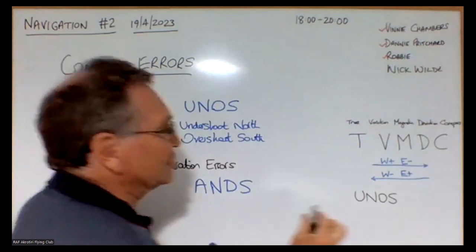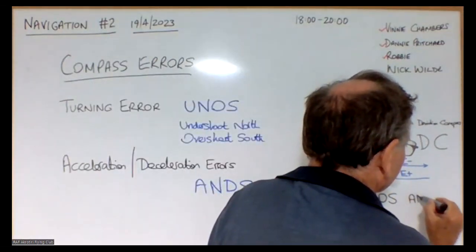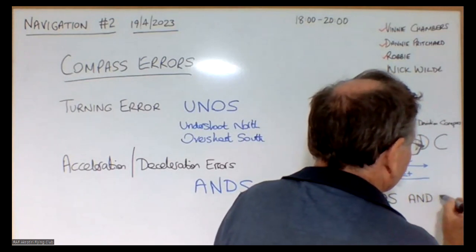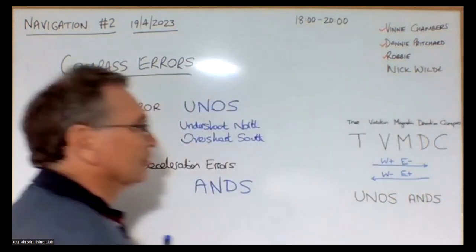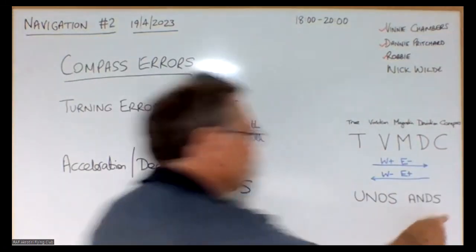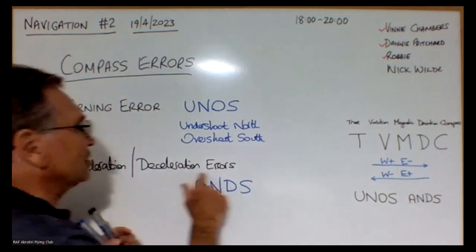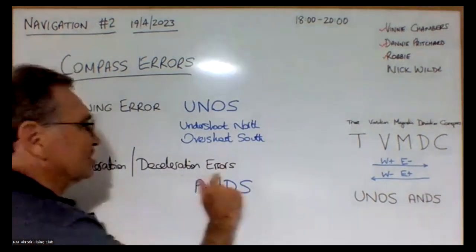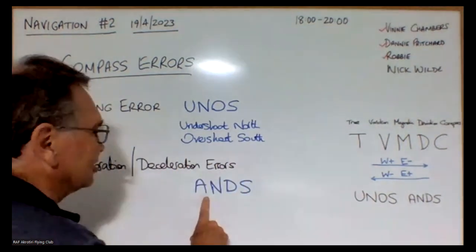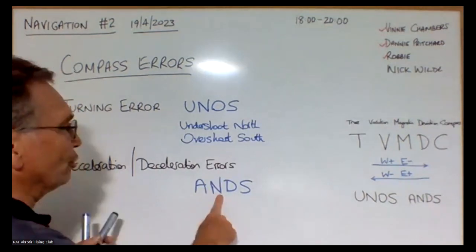So that's another thing I need to write down here, ANDS. So we've got TVMDC, UNOS, and ANDS, okay? Now, the thing to notice with these acceleration, deceleration errors is that if I accelerate, it produces a turn to the north.